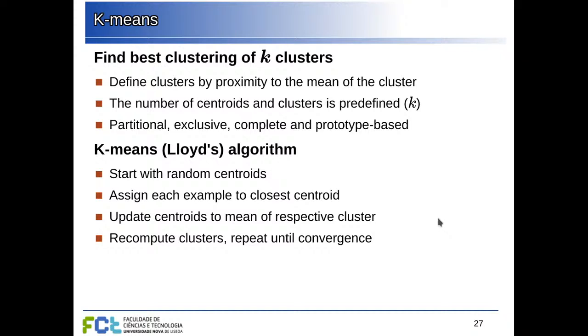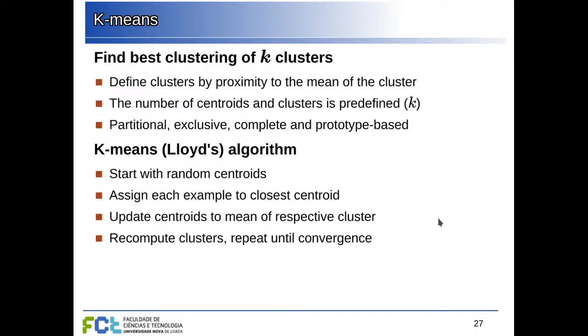So these centroids, the mean points, are vectors that are like the examples that we use. They are not any particular example, but they have the same features. And they serve as prototypes for the cluster. So this is the representative of the whole cluster.